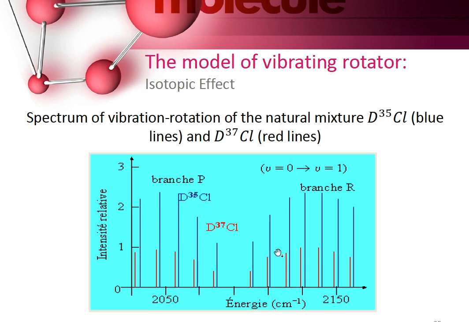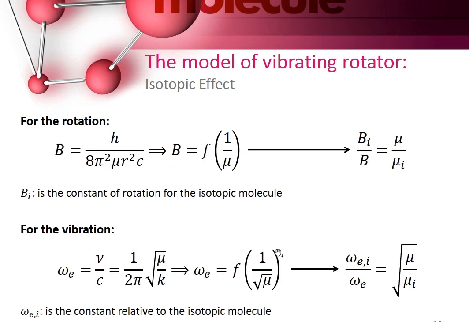But since the rotational term is a function of 1 over mu, if I take B of one isotope over B of the second isotope, it's just the inverse ratio of their reduced masses.